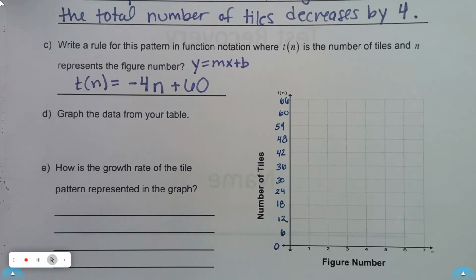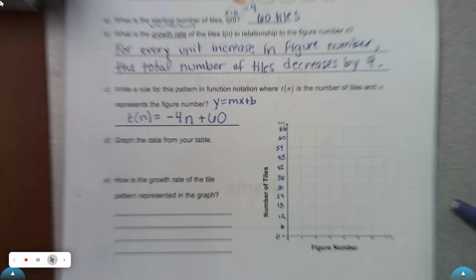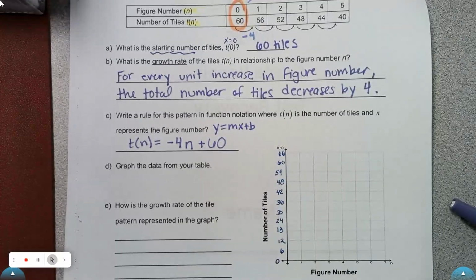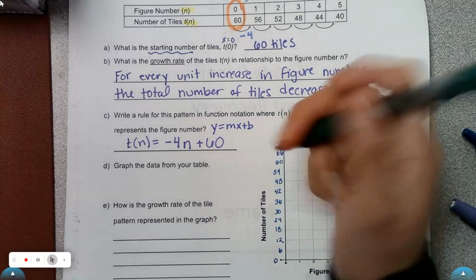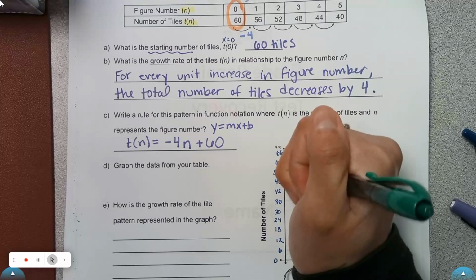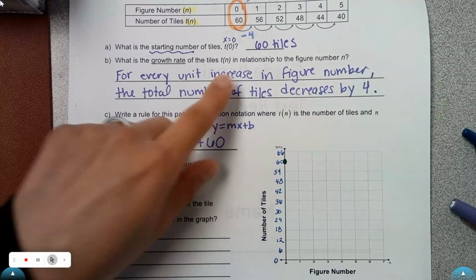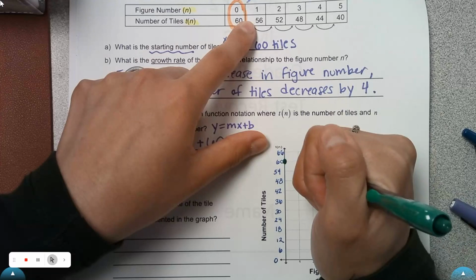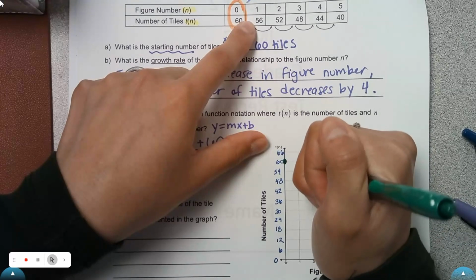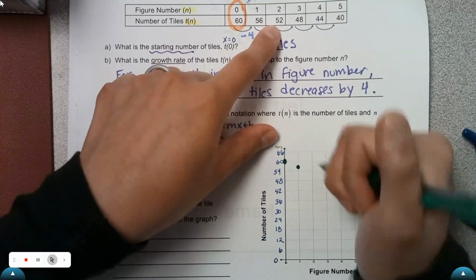Okay, perfect. Then I'm going to plot my points on my graph. Do your best, because for some of these we are going to have to round a little. So for example, 0, 60 I can plot on here, so let me use a different color. The 0, 60 is right here. And then 1, 56, so like here, do your best to think about where that goes. I'm going to say it's like right here. Then I have 2, 52, same thing, do your best.